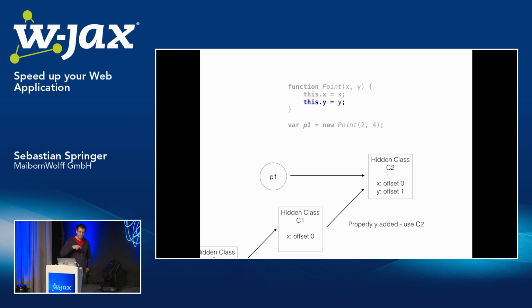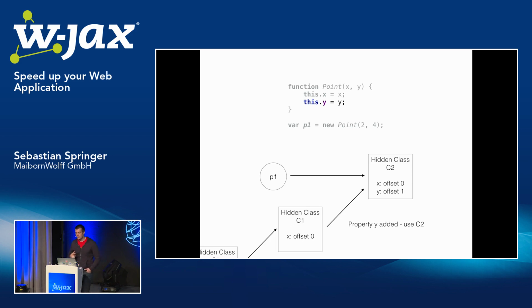Next step is to access the next property, and then you have a transition from class 0 to class 1 to class 2, and class 2 knows where x and y are stored. This is a relatively slow process in the first step. So you create a new object and access the properties, and then the classes are built. This is an optimization that kicks in when you reuse objects. So for all further access operations on this object, you can reuse this class C2, and the property access is very fast.